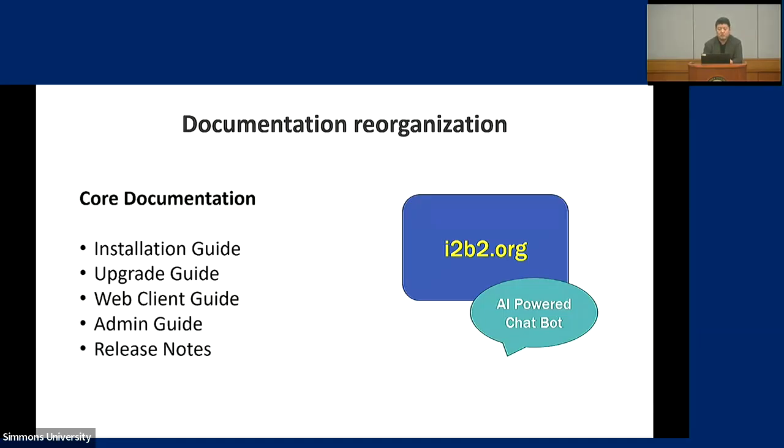I've already run through creating all the embeddings for the documentation. So you're going to be able to ask a support chatbot what the system requirements are for i2b2, and hopefully it should be able to fetch some of the information for you.